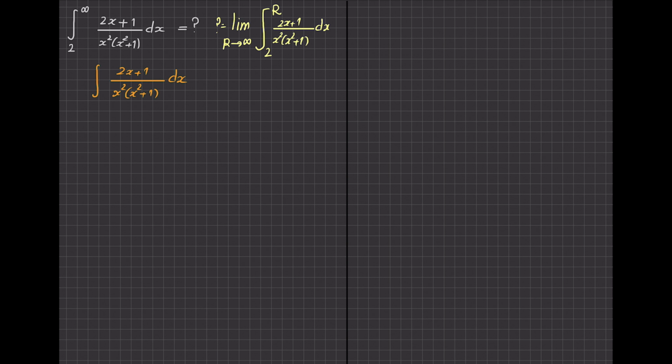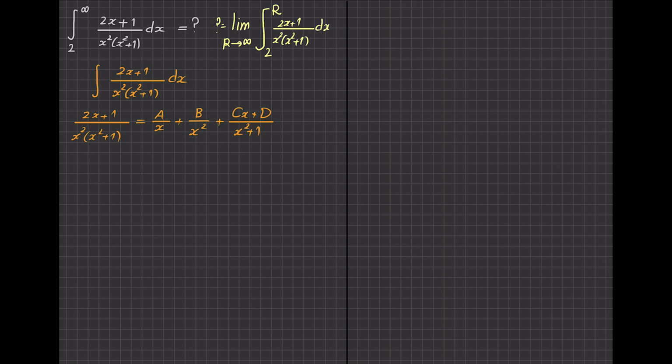So what we do is decompose this fraction, 2x plus 1 over x squared plus 1, as the sum of 3 partial fractions: A over x, and then B over x squared, and then finally Cx plus D over x squared plus 1.